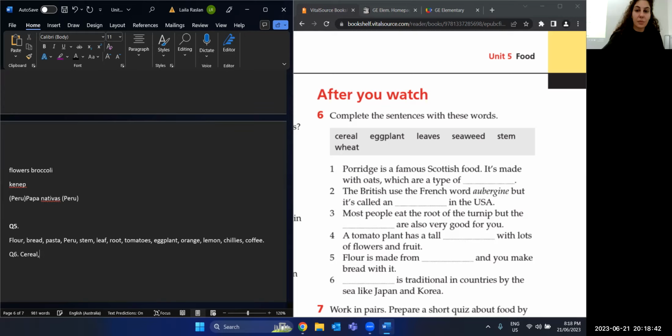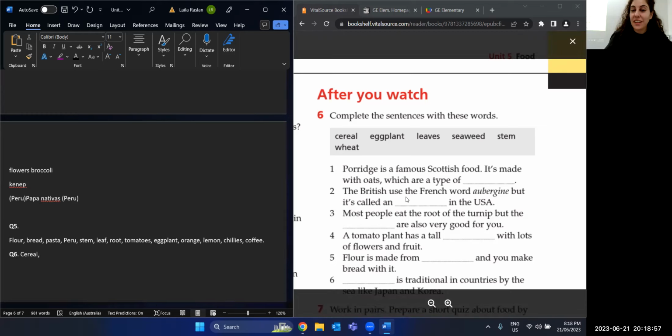Okay, Conrado, number 2. You have to try to read it. The British use the French word aubergine, but it's called an... Do you remember the purple fruit?